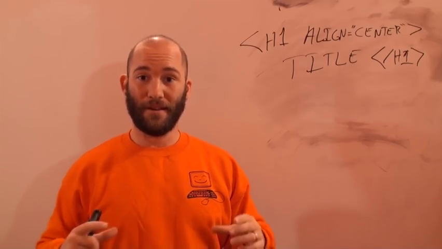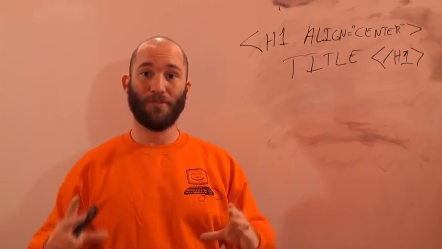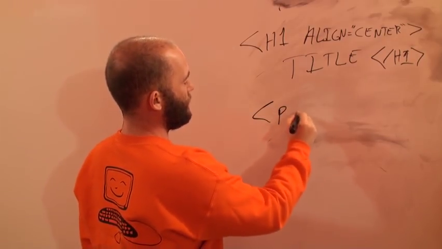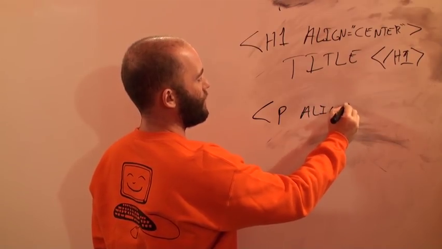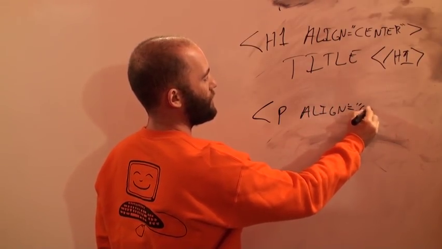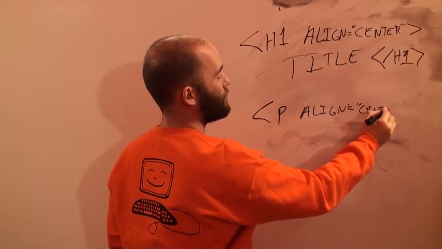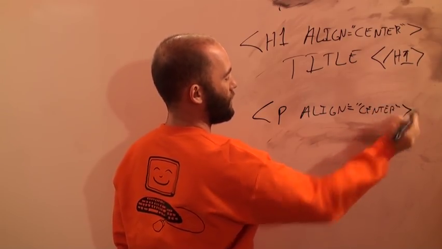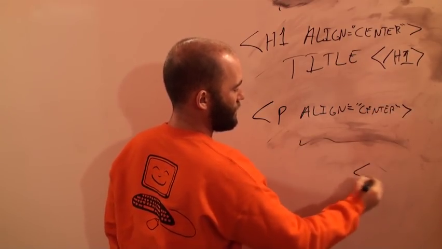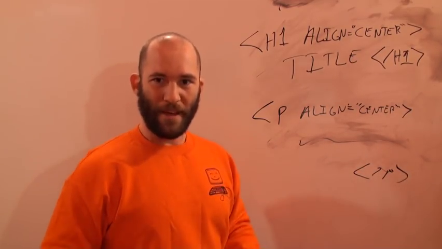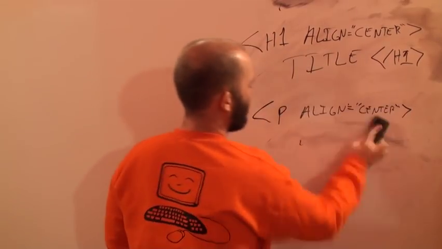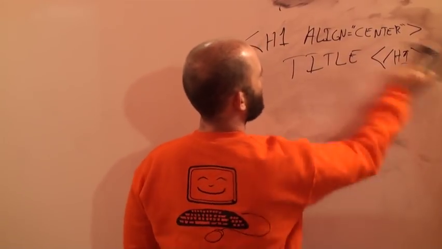So if you want your normal text in the middle of the page, you would simply go P, align equals center, and then close it, and then write your text, and then close the P tag. Hope that makes sense. The last thing that we need to talk about is another way you can edit the text.